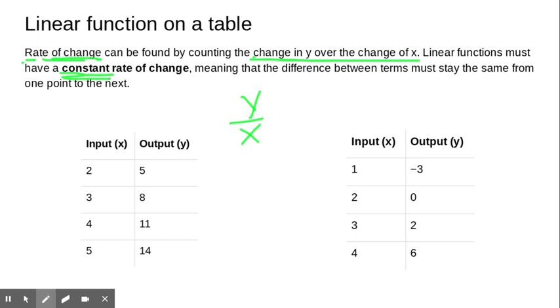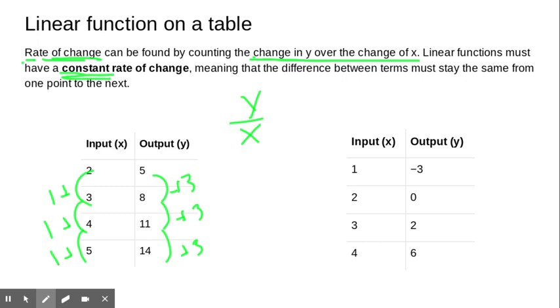So I'm going to look at the table on my left and I'm going to say, okay, what is the change in y? To get from 5 to 8, we add 3, 8 to 11, I add 3, 11 to 14 is add 3. My change in x, to get from 2 to 3, that's add 1, 3 to 4, add 1, 4 to 5, add 1.